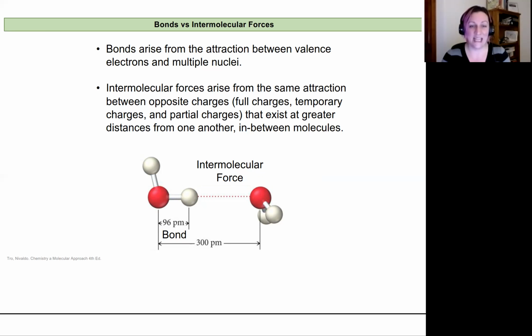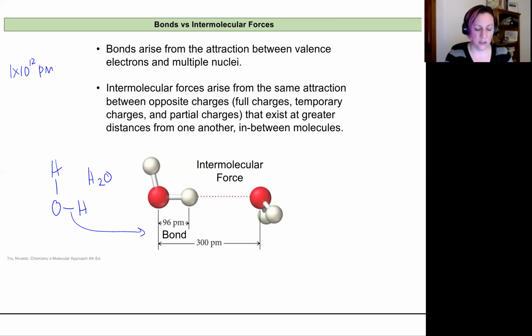So within a bond, and I've got an example here of water, we're looking at this oxygen hydrogen bond right here, and it is 96 picometers, right? So that's times 10 to the negative 12th. So 1 times 10 to the 12 picometers equals 1 meter, or you could say 1 picometer is equal to 1 times 10 to the negative 12 meters.